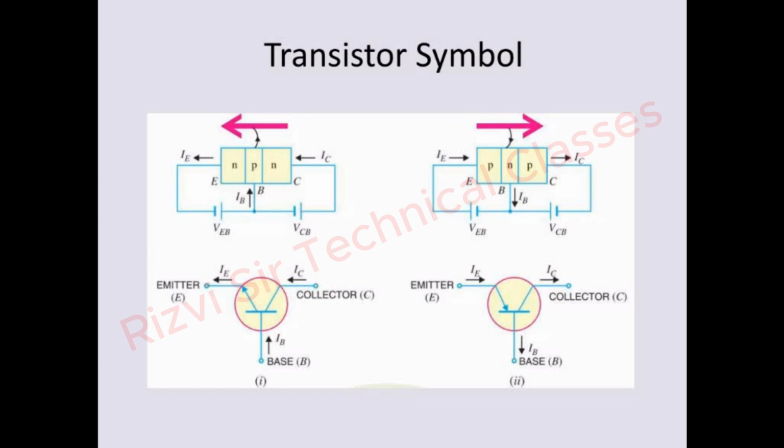This is the NPN transistor, and vice versa. Here we apply reverse bias. Here the positive will repel holes, then holes will recombine with electrons. Some holes and electrons will recombine, and the rest will go to this section. Here there are already holes, and there is a negative terminal, and it will attract the holes. Then it will form the PNP transistor.